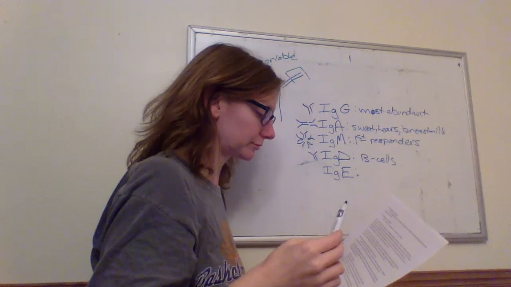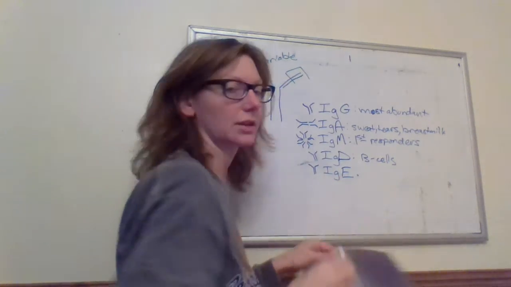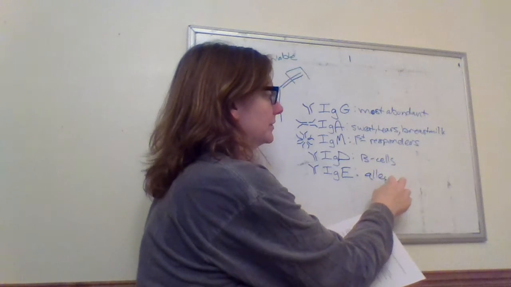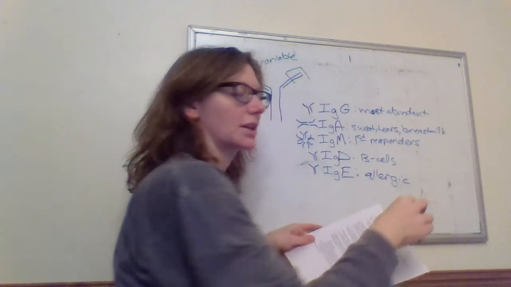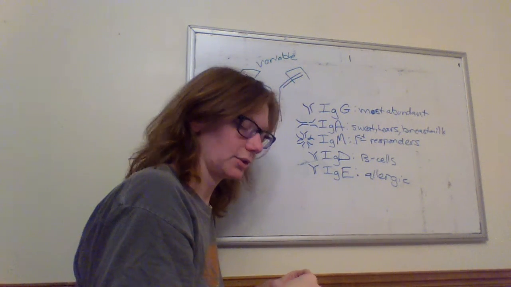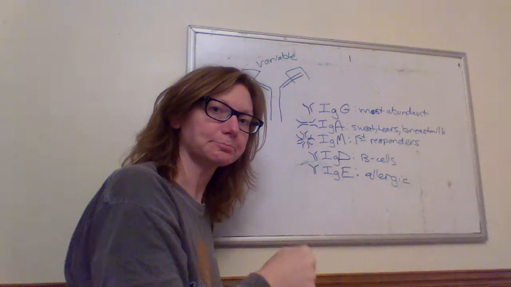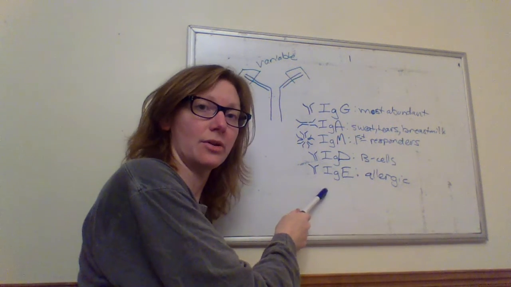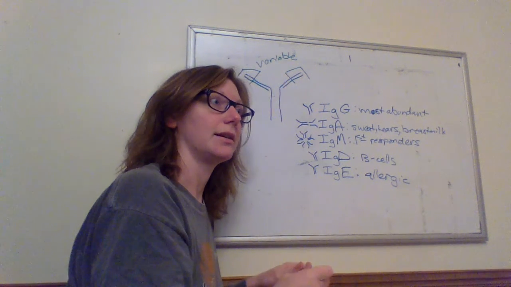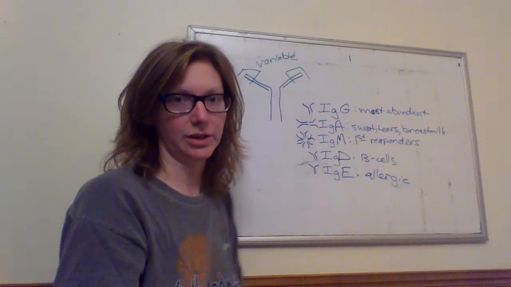However, these are also just a normal sort of Y configuration, but they are associated with allergic and hypersensitivity reactions. So they are associated with mast cells and the histamine response. And so that's IgE. So even though there are not very many, they are really quite powerful in eliciting response from the body overall. And I think that takes us all the way through immunity.